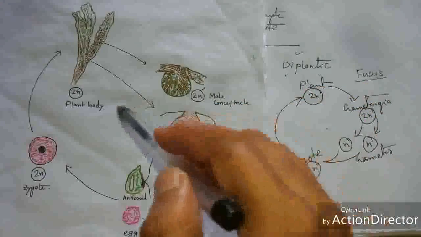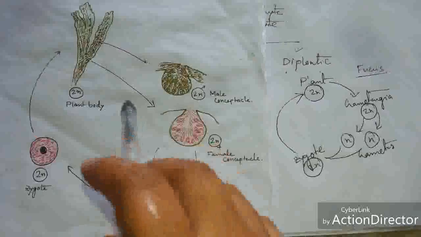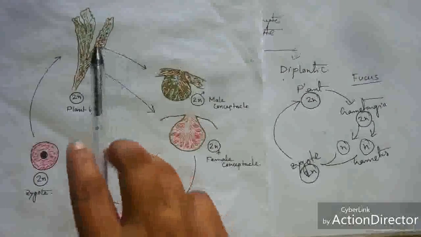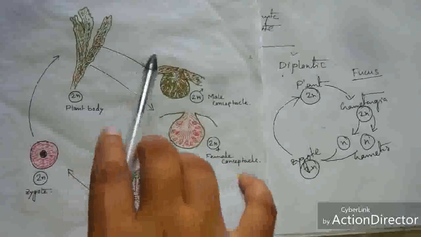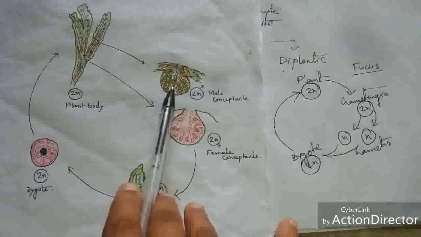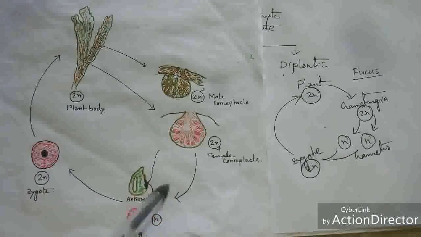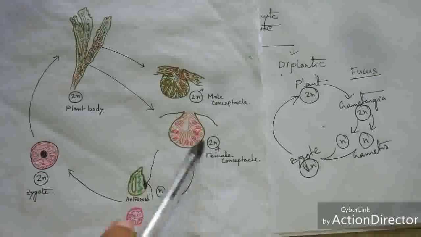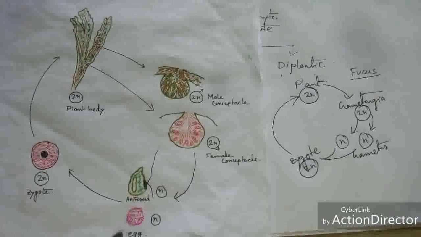So here the Fucus plant body is diploid, and this thallus produces male conceptacle and female conceptacle. The male conceptacle produces antherozoids, which are haploid, and the female conceptacle produces eggs, which are also haploid.